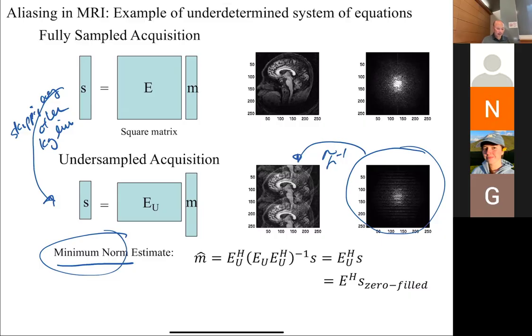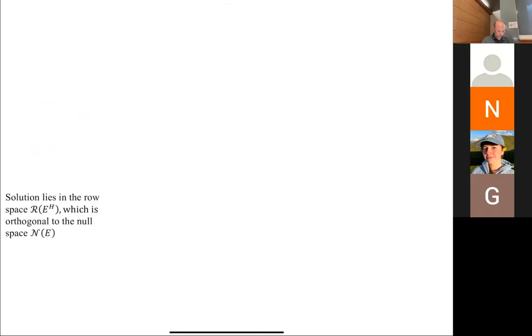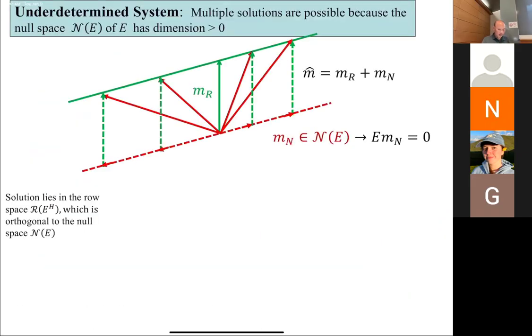Okay. What that means is, in this case, all these arrows here, this arrow, this arrow, this arrow, this arrow, this arrow, they're all possible solutions to my equation. But obviously this one has the smallest length, right? And that's the minimum norm solution that is going to be picked.